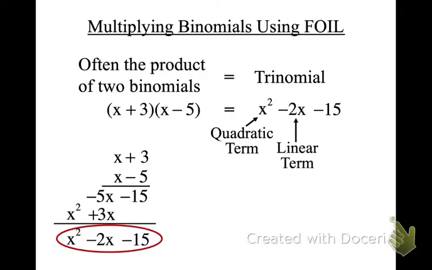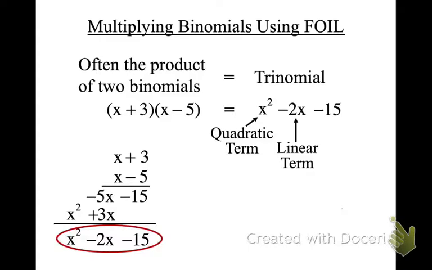Minus 2x is our linear term. We use that when we were drawing lines. Remember we'd get like y equals 2x and we'd have to graph it. So when it's to the first power, it makes a line. When it's a quadratic, it makes what's called a parabola.